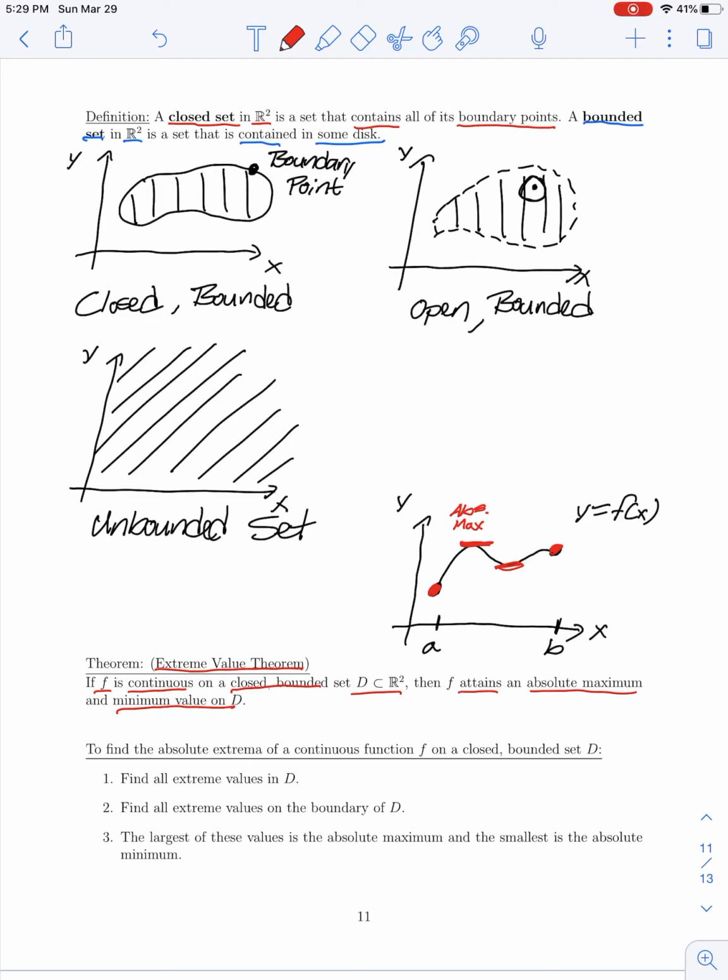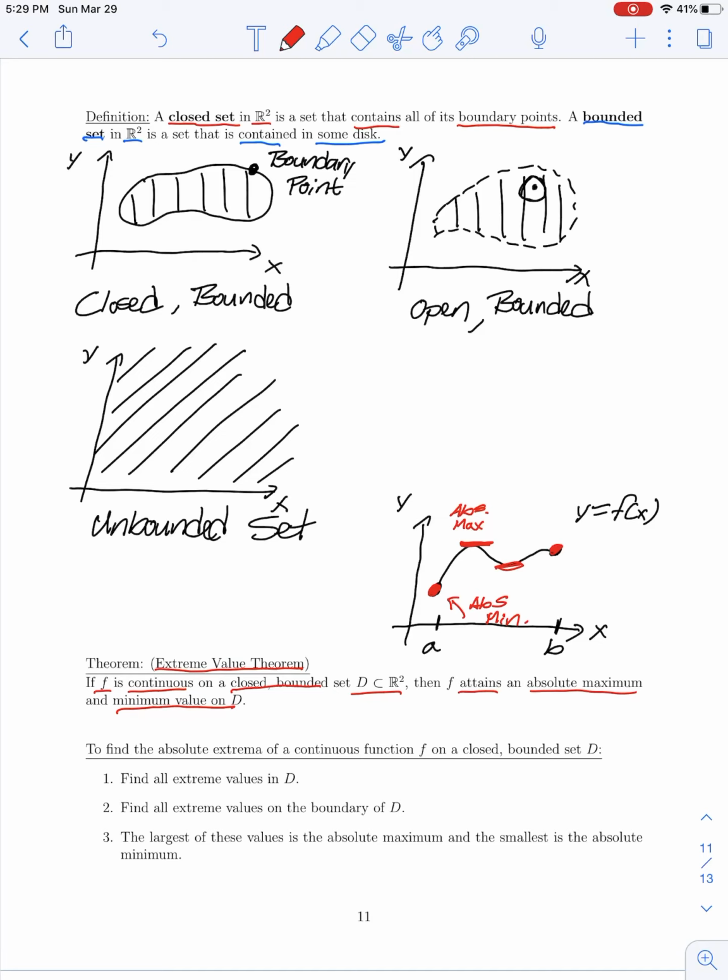So in this case, we would have an absolute maximum at this point where our function has its largest value within the interval from a to b, and we would have our absolute minimum at that left endpoint of my interval when x is equal to a.